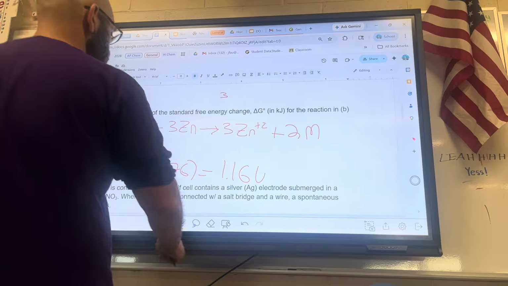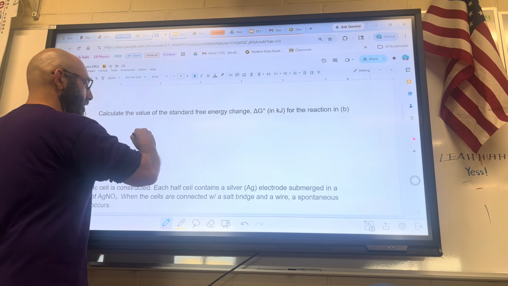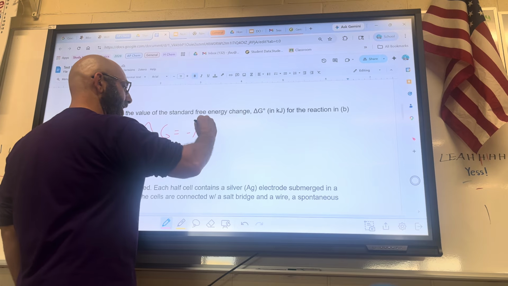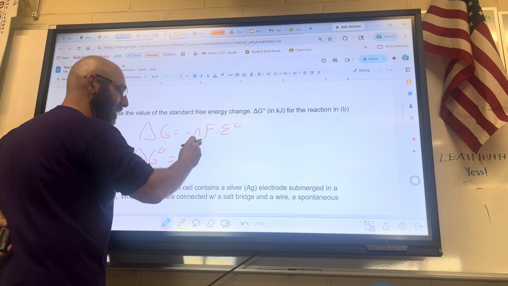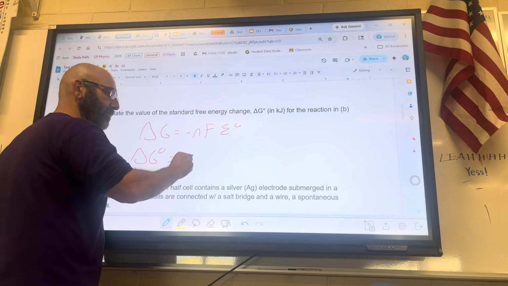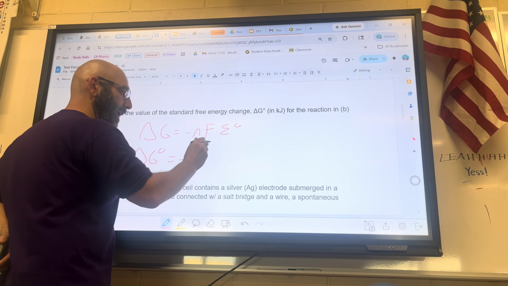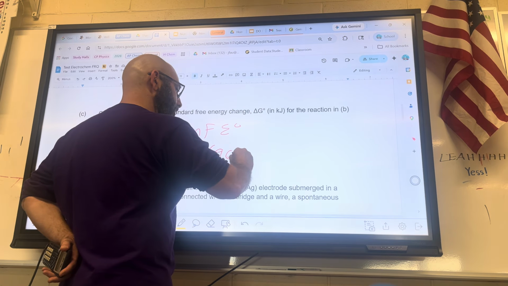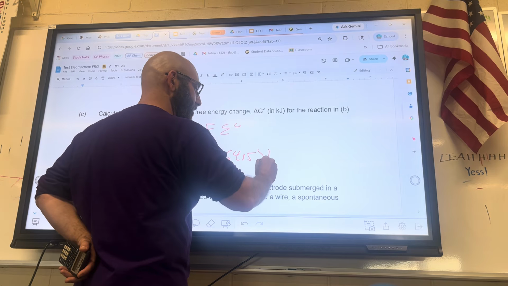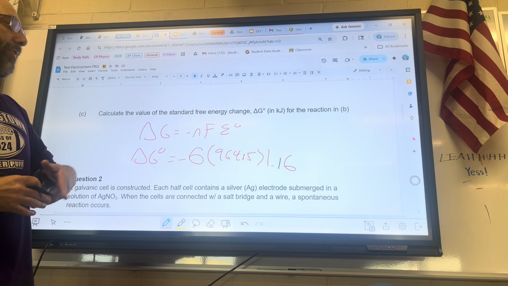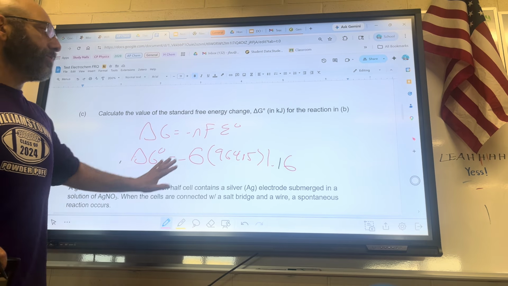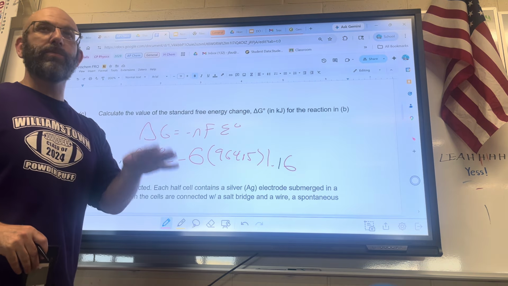To do this equation, delta G equals negative n F E naught. So delta G equals negative, well, n is the number of electrons, that's 6. F is 96,485, and then this is 1.16. Now, this answer is going to be in joules, so I don't care about the kilojoules part. If you did it, great.